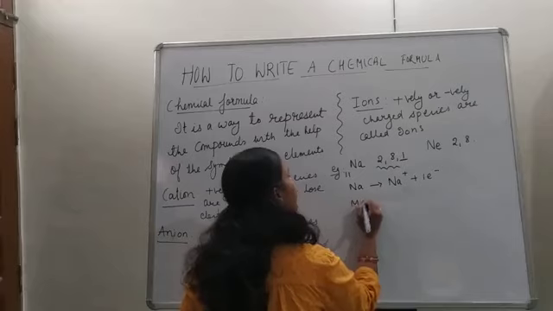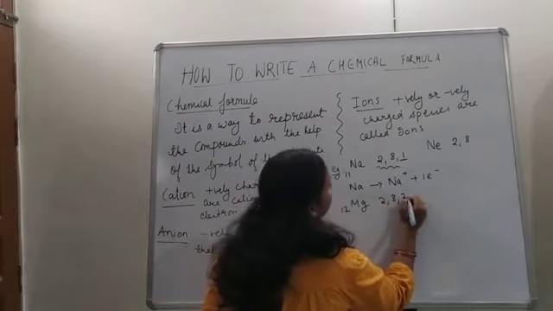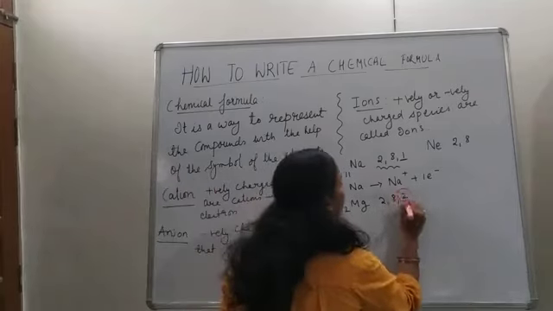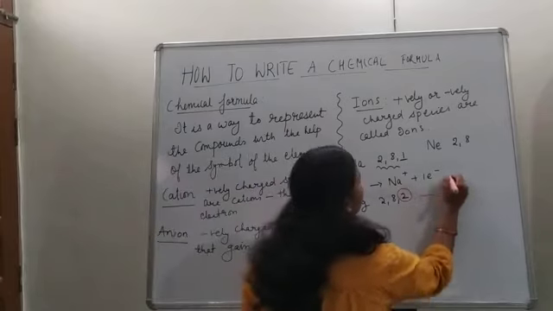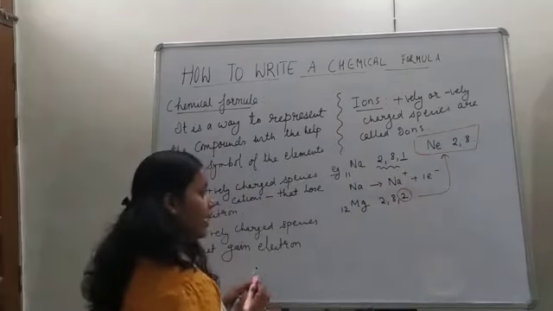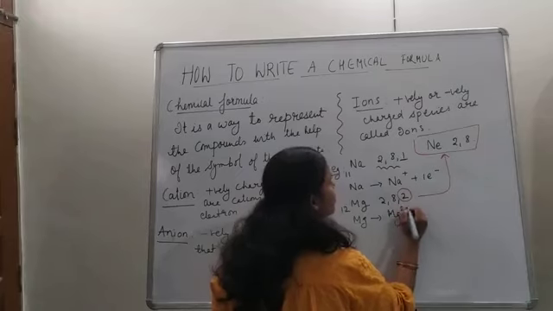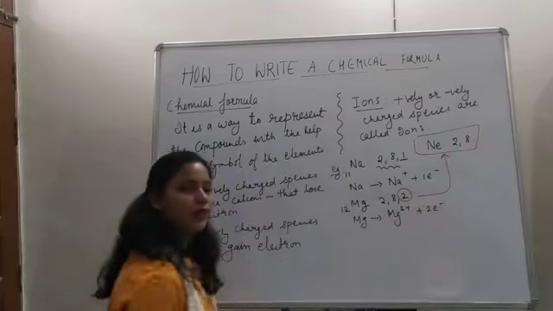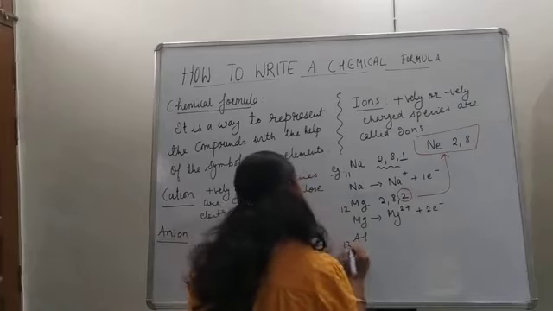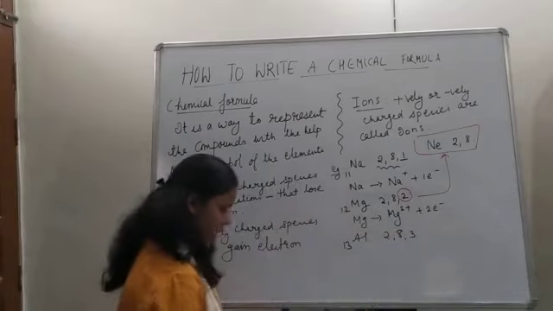Likewise, magnesium, which is having atomic number 12, electronic configuration 2, 8, 2, it can lose 2 electrons to acquire the nearest noble gas configuration of neon. Likewise, हम लिख सकते हैं like this, Mg, because it is losing 2 electrons, that is why it will gain 2 positive charge.